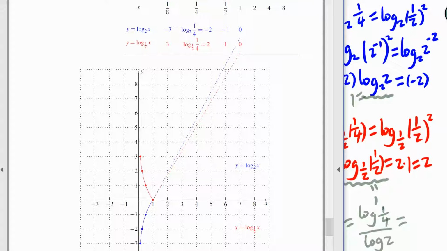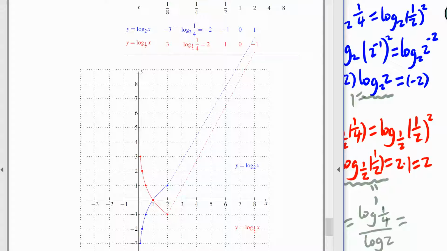And then keep going. When x equals 2, you have a blue value 1 and a red value negative 1.